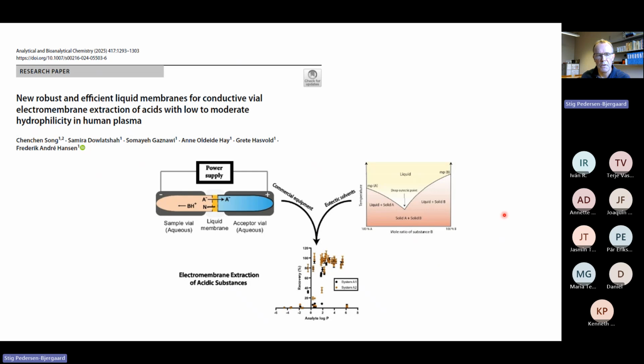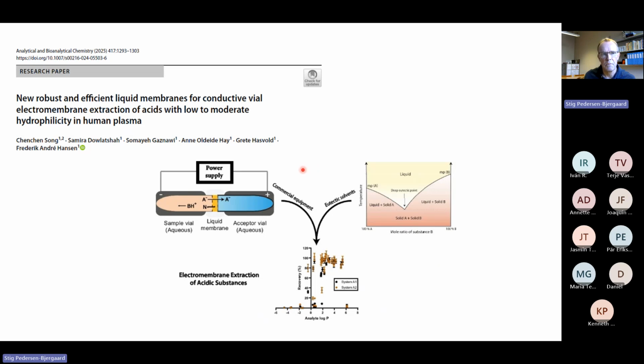Just to mention, if people always had to optimize liquid membranes and the other operational parameters in every case, EME is not that attractive. So we think that it's important that there are some generic methods that people can use more or less directly and take advantage of.